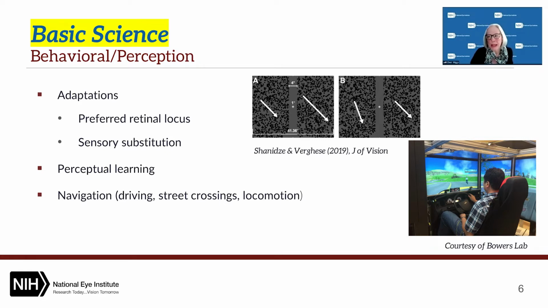In both of the cases that I just described, the adaptations simply evolve. But basic behavioral researchers are systematically probing the constraints and the strategies that people use, and those can be harnessed to inform rehabilitation efforts to enhance those types of adaptations.